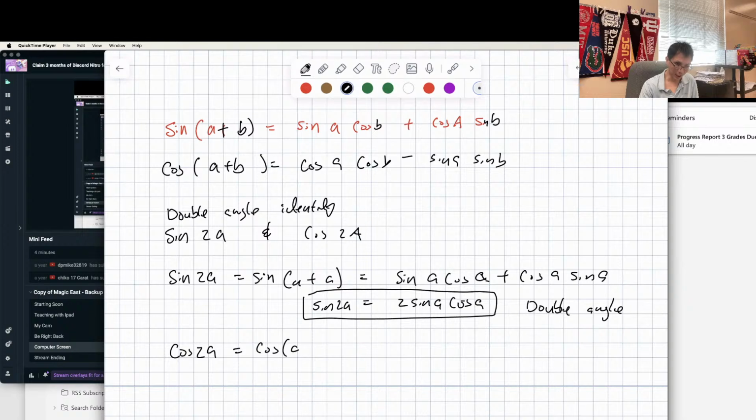Well, that's obviously cosine of a plus a. The other side is minus. What did you guys get?